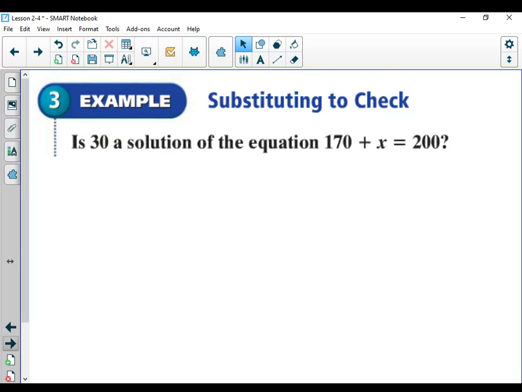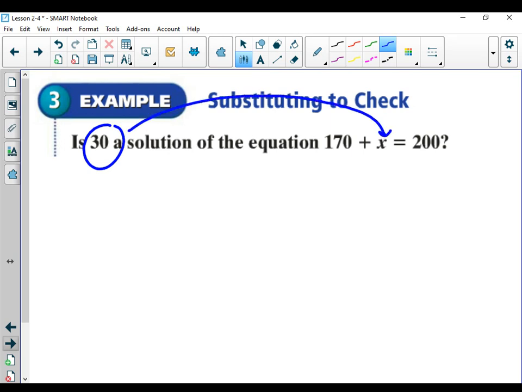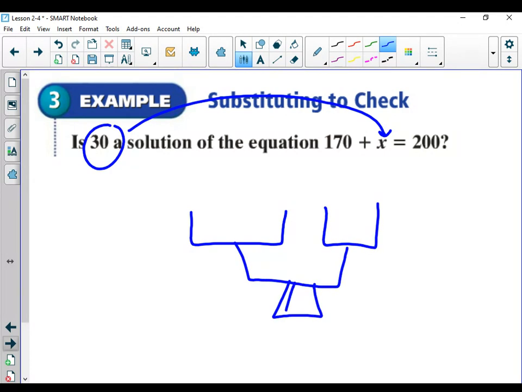Is 30 a solution of the equation 170 plus x equals 200? So basically what they're asking us is, if we substitute x with a 30 in my triple beam balance, is it true?